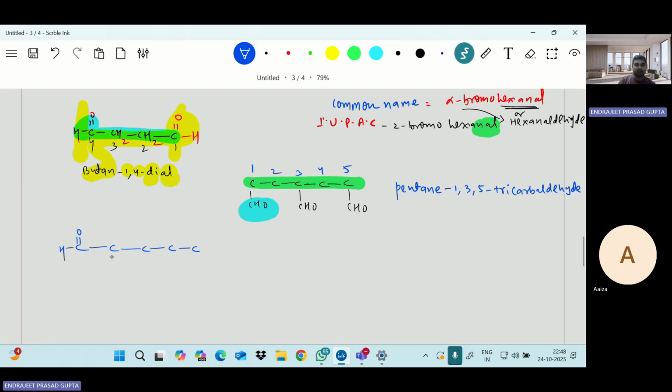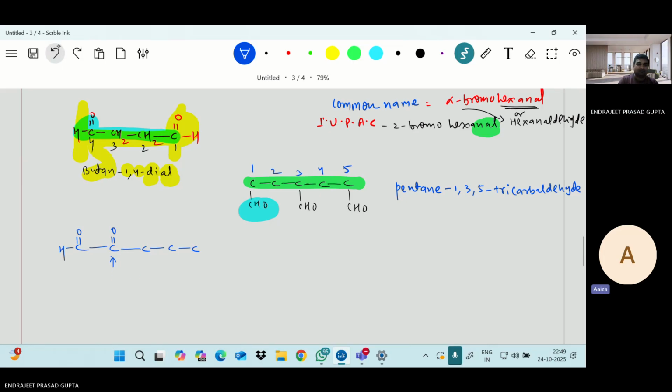Now here the middle carbon cannot have CHO. The CHO will be either at the first or at the last because it's a terminal functional group. If you are writing carbonyl double bond O, now this is ketone, not aldehyde. So either you have to write at the last or at the first. Have you got it?